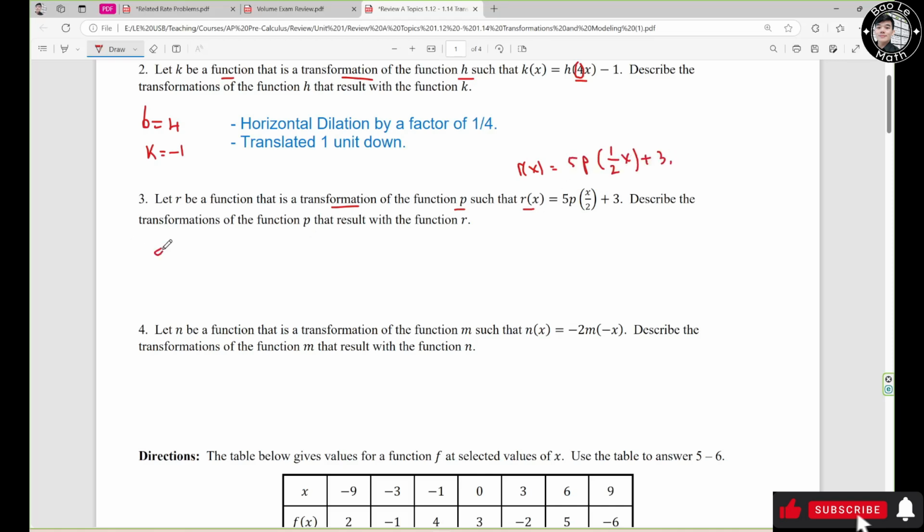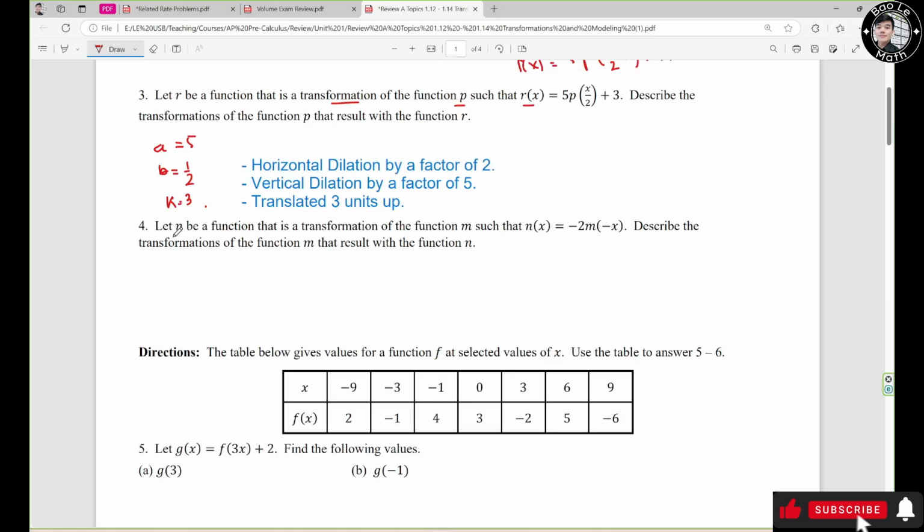So we see that a equals 5, b equals 1/2, and k equals 3, right? So there is a vertical dilation by a factor of 5, horizontal dilation by a factor of 2, and vertical translation of 3 units, right?